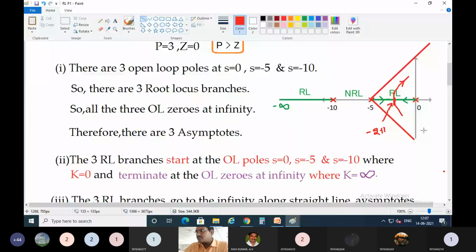The branch starting at the zero comes like this, breaks away, and moves like this, given by theta 3, the 300 degrees angle of asymptote. But where it intersects the imaginary axis, we don't know.